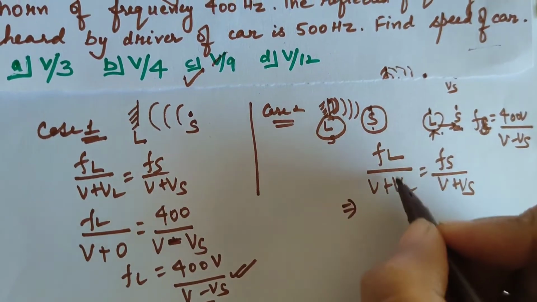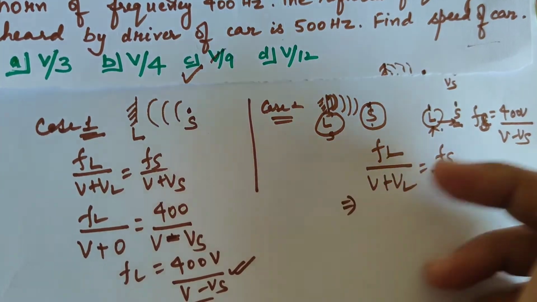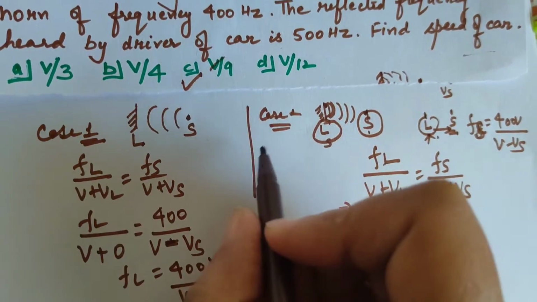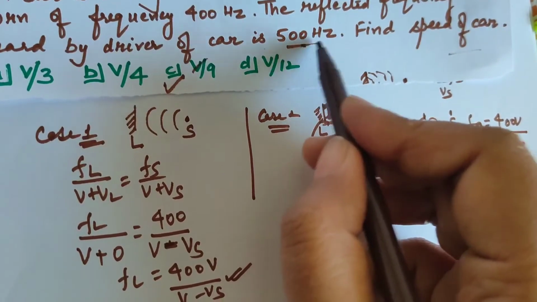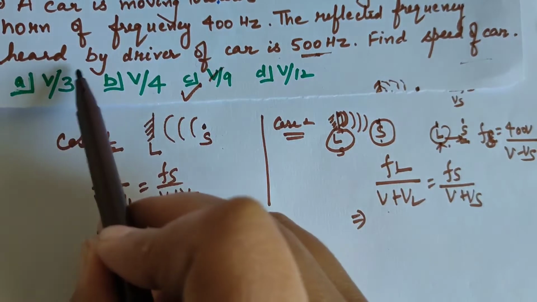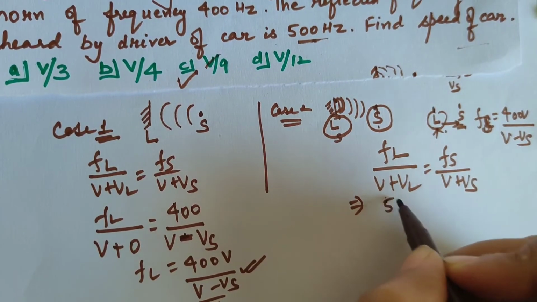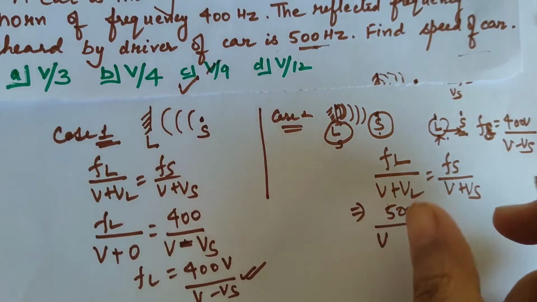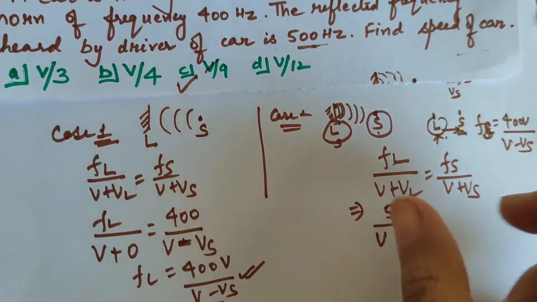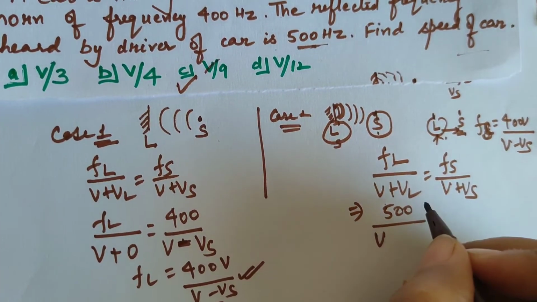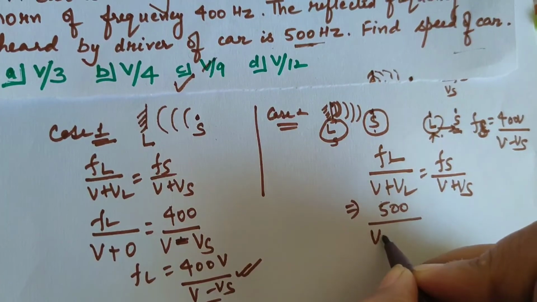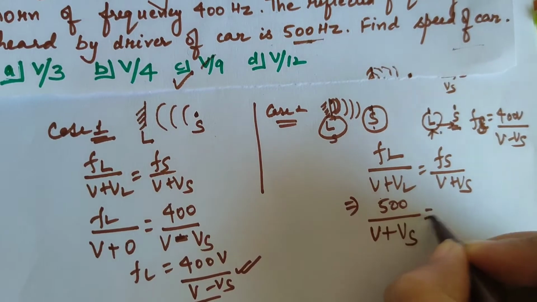So let us put the values. Frequency received by the listener, your car is now a listener, so we have to take the value 500 because in the question they have given reflected frequency heard by the driver of car is 500. Your listener is now your car driver, so the speed we have to calculate, and now your car is coming towards the source, so we are going to take it as positive Vs.